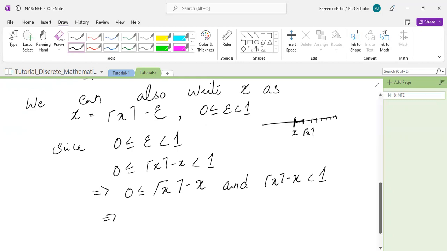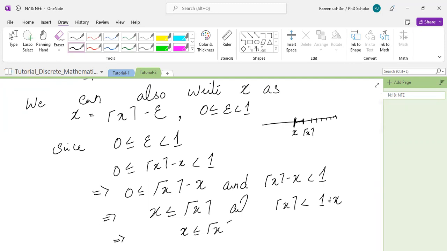So this gives us x is less than or equal to ceiling of x, and this one gives us ceiling of x is less than 1 plus x. So by combining these two, what we get is x is less than or equal to ceiling of x, which is again less than 1 plus x, namely equation 2.